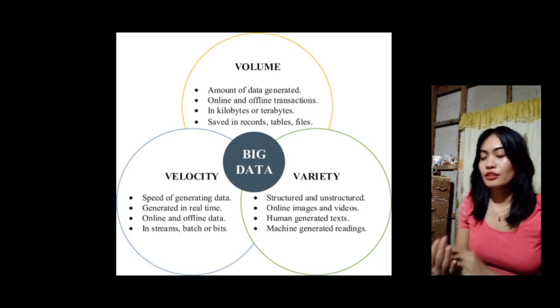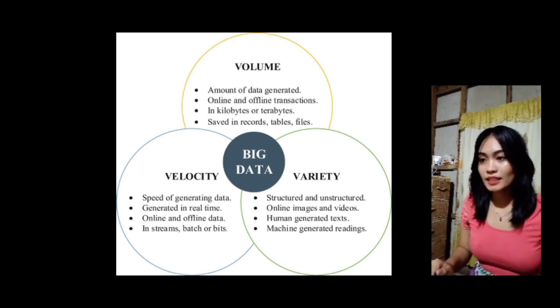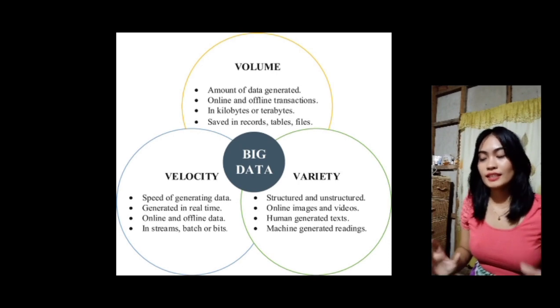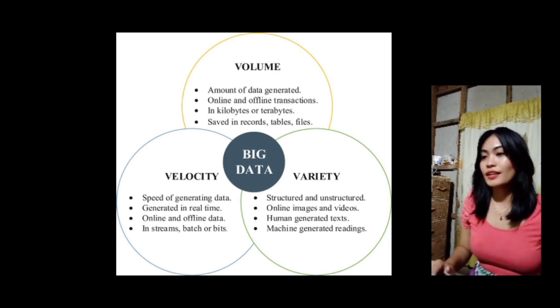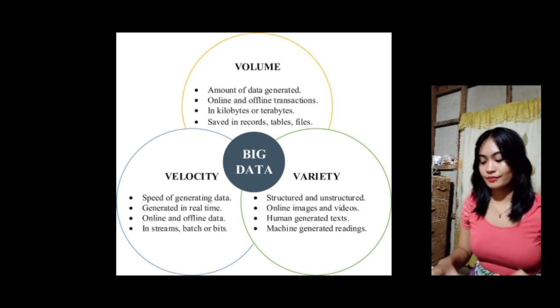So for volume, it emphasizes the scale or size of data, while velocity emphasizes the speed of data flow, and variety emphasizes the diversity of data types and sources. But together, these characteristics highlight the unique challenges and opportunities associated with managing and analyzing big data.